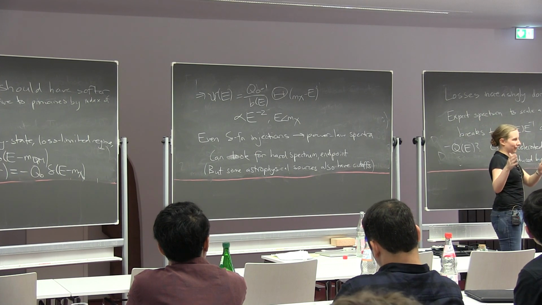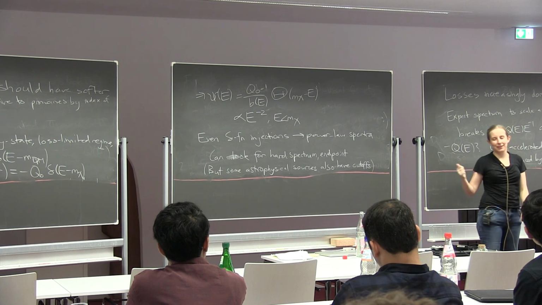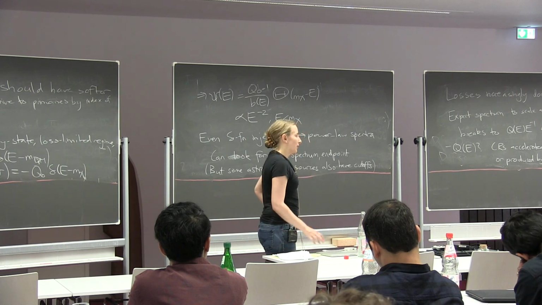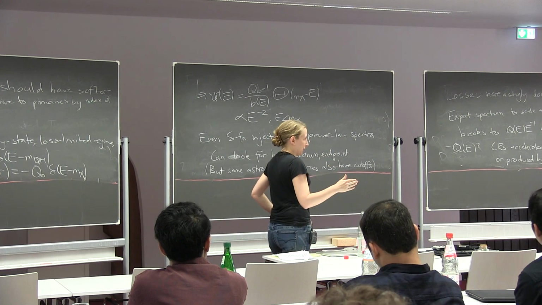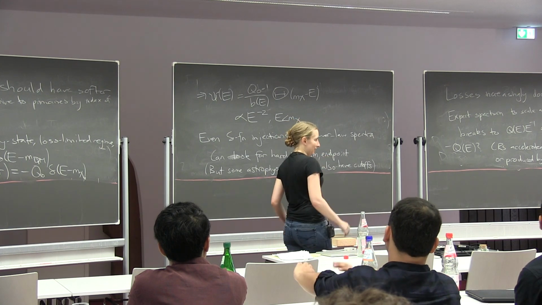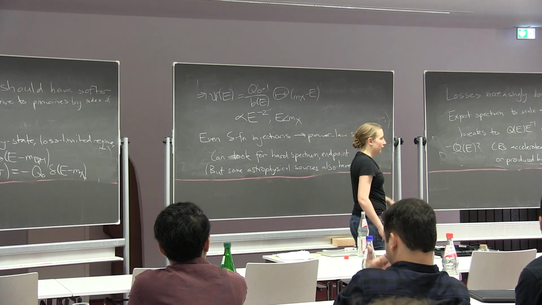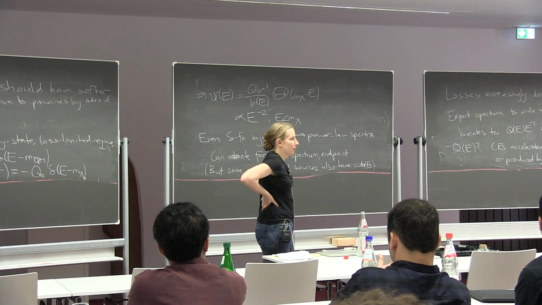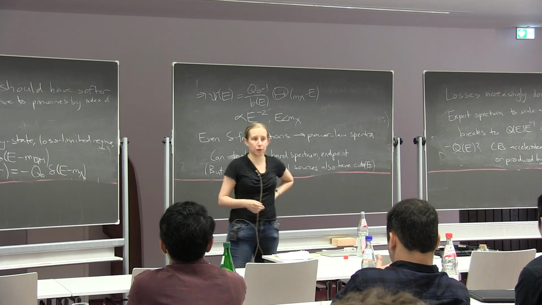So there are various other kinks in the cosmic ray spectrum which can come from some of the assumptions that I have made here breaking down. But in particular, that's the galactic to extragalactic transition.